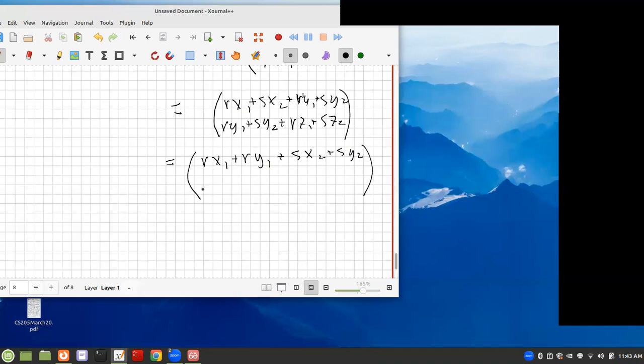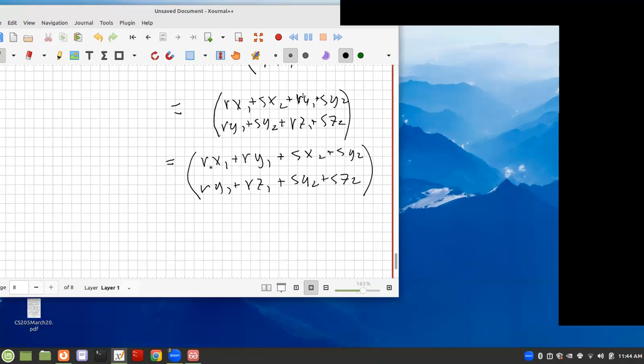Then I can do the same thing here, ry1 plus rz1 plus sy2 plus sz2. So I just reordered them using commutativity to move all the 1s to the left.